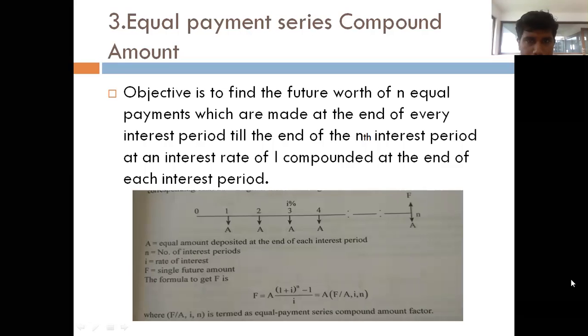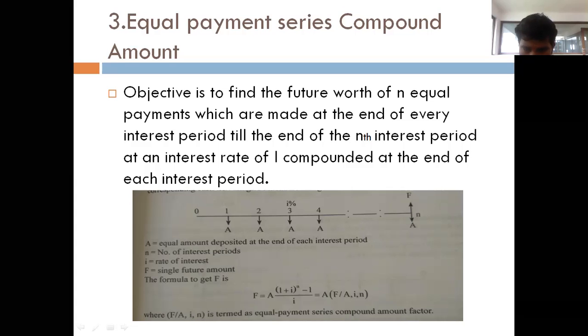The objective is to find the future worth of n equal payments, where A is the equal payment. If I am paying the amount equally, 5,000, 5,000, 5,000 like that, at the interest rate till the nth interest period, compounded at the end of each interest period, how do we find the future amount when equal amounts are paid? Very, very important.